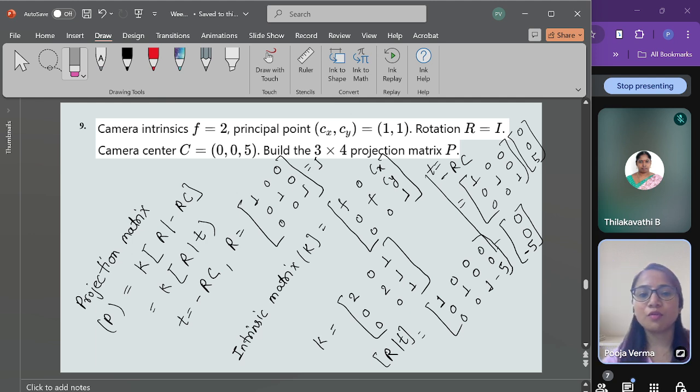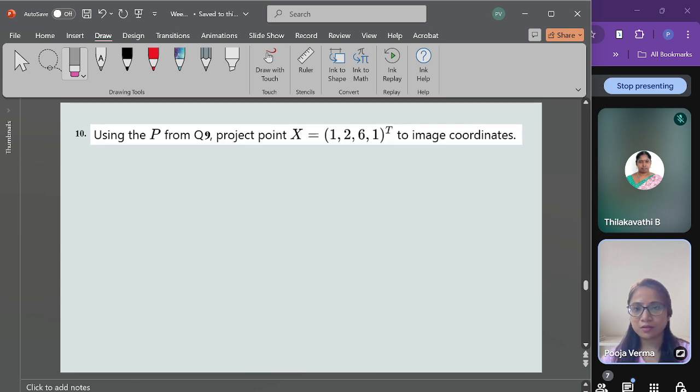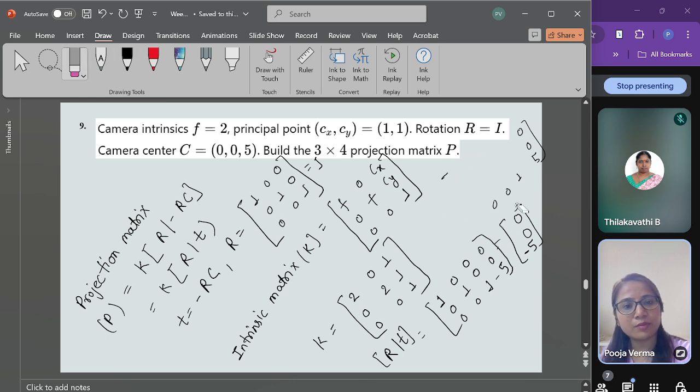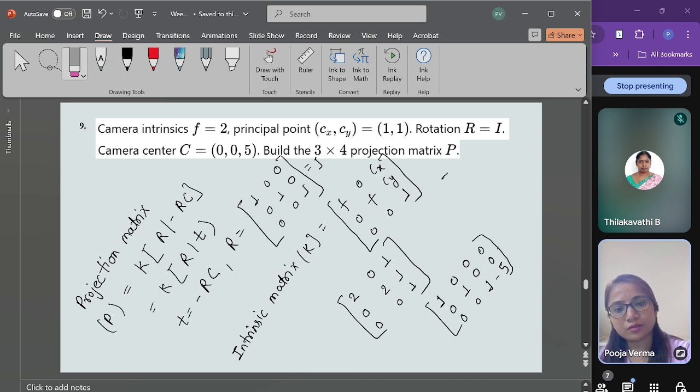Now we have found the K values and R given T values, so we can calculate the projection matrix directly. Can you multiply and let me know what the values of that projection matrix will be? Otherwise I have to remove it from here, so I'm removing it to calculate it. Projection matrix P is equal to K into R given T, right?